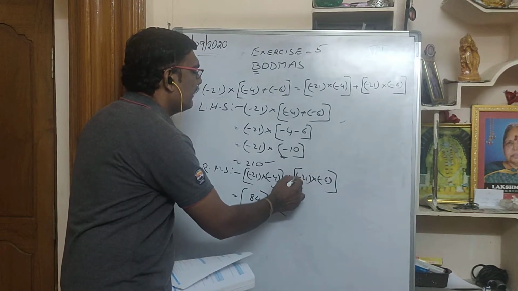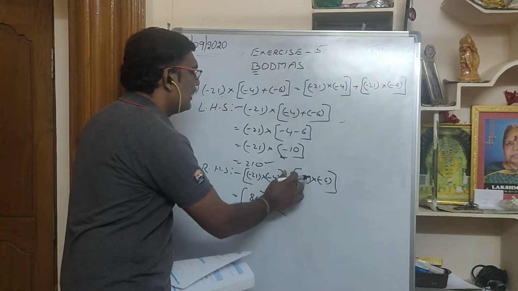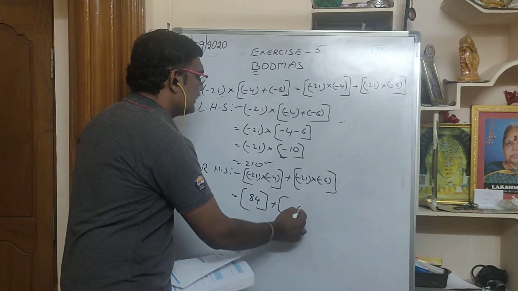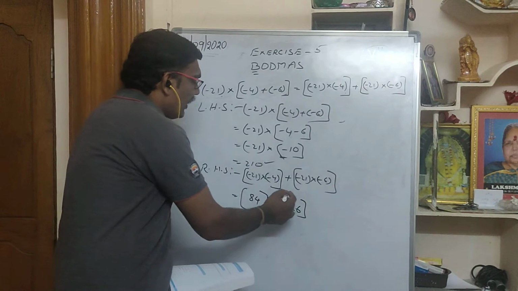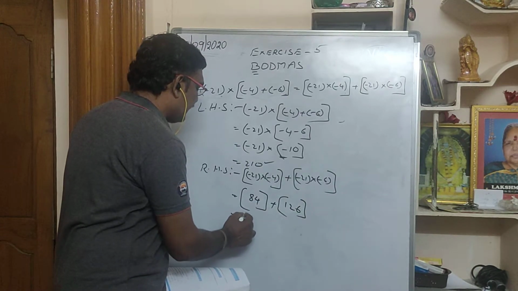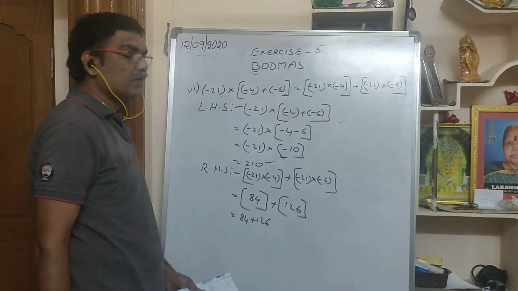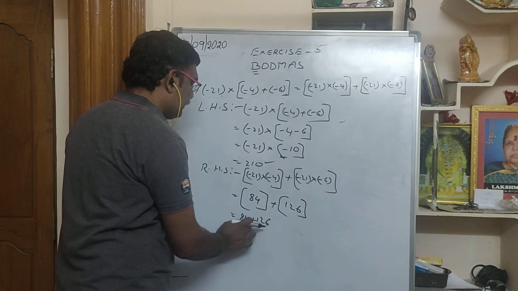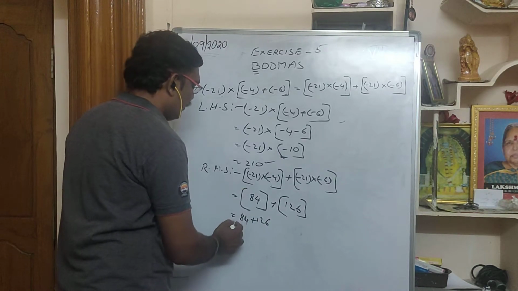21 has a minus symbol before it, 6 has a minus symbol before it, you have to do multiplication. Minus into minus is plus. 21 sixes: 6 ones are 6, 6 twos are 12. 126 you have. Now, if you add these two, I am removing the brackets here. 84 plus 126. If I add 126 plus 4 is 130. 130 plus 80 is 210.